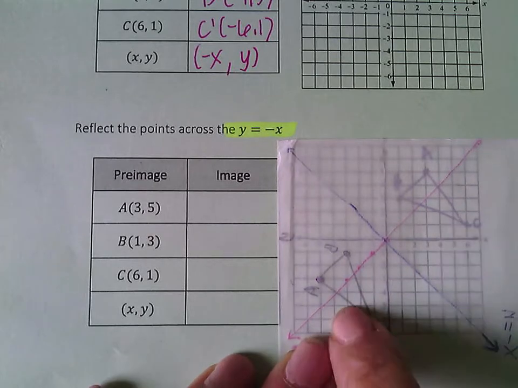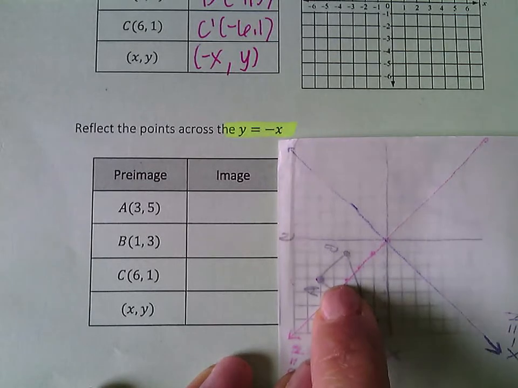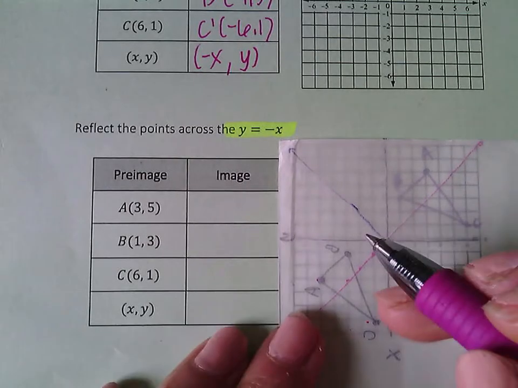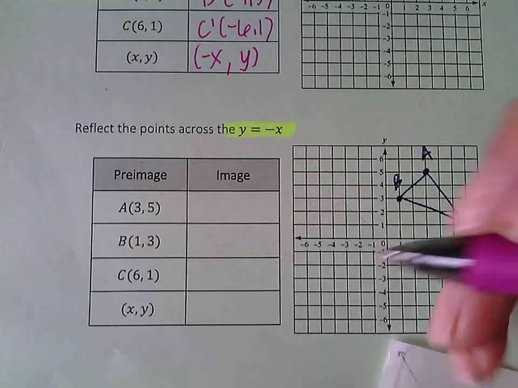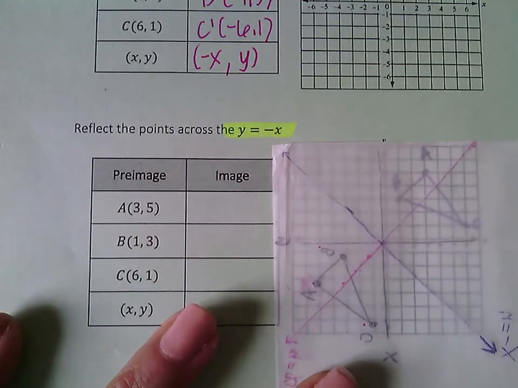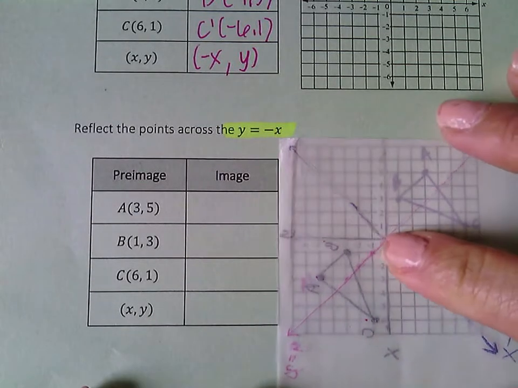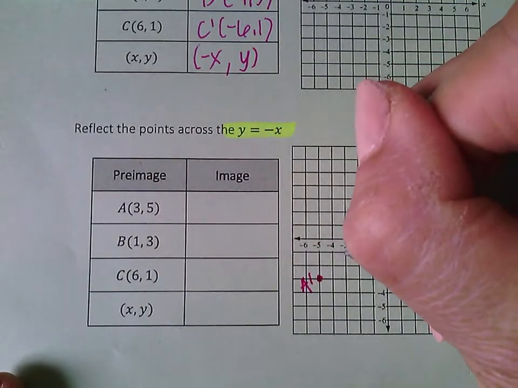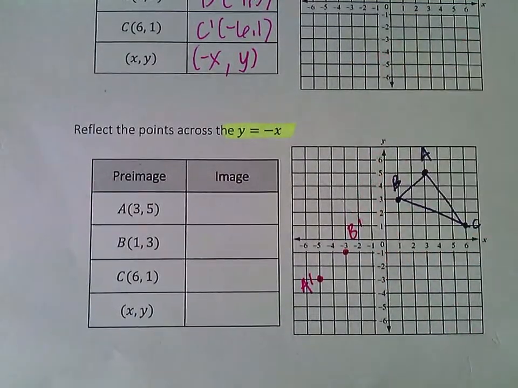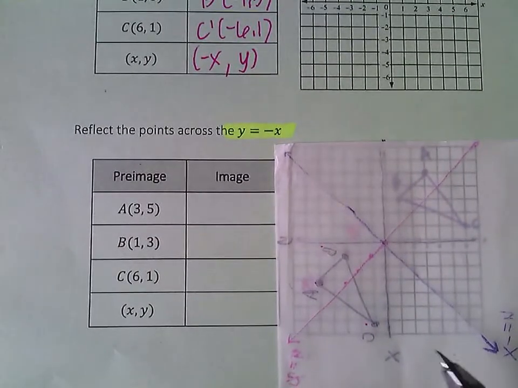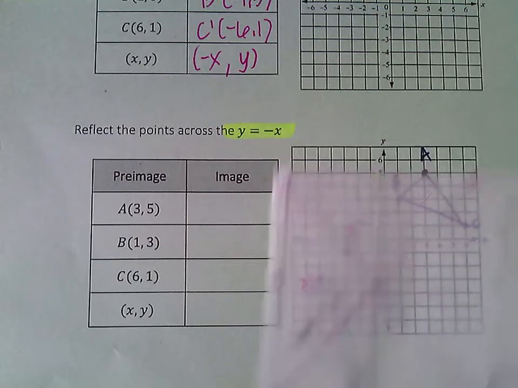And you can see that now my new triangle is in the third quadrant here. So I'm going to go ahead and graph it. A prime is at negative 5, negative 3. B prime is at negative 3, negative 1. And then C prime is down there at negative 1, negative 6.